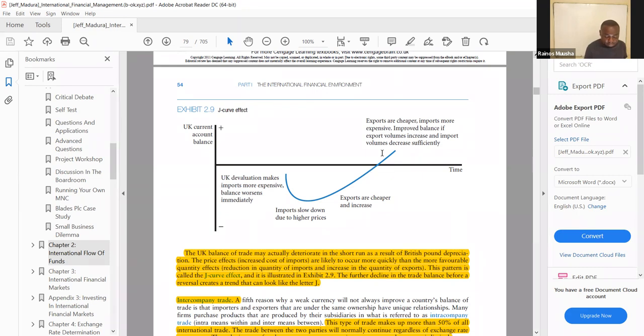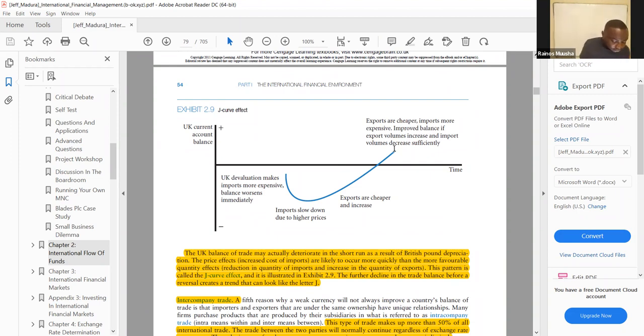Over time, the exports are cheaper and imports more expensive, so there's an improvement in the balance of payments as export volumes increase and import volumes decrease sufficiently. This is what we can expect as a J effect on the current account when it comes to the devaluation of our currency.